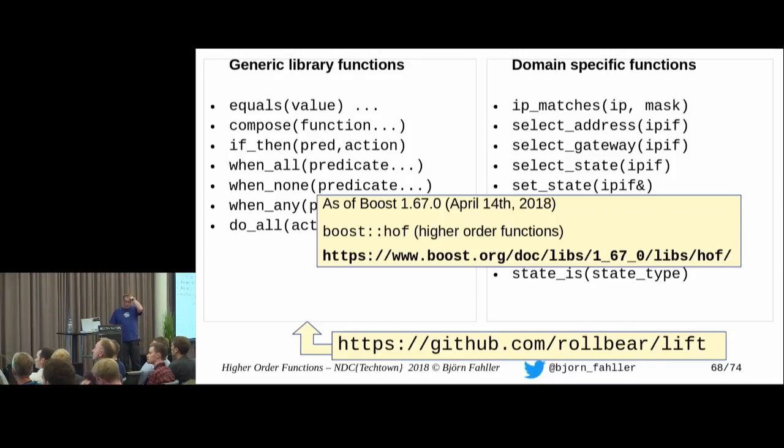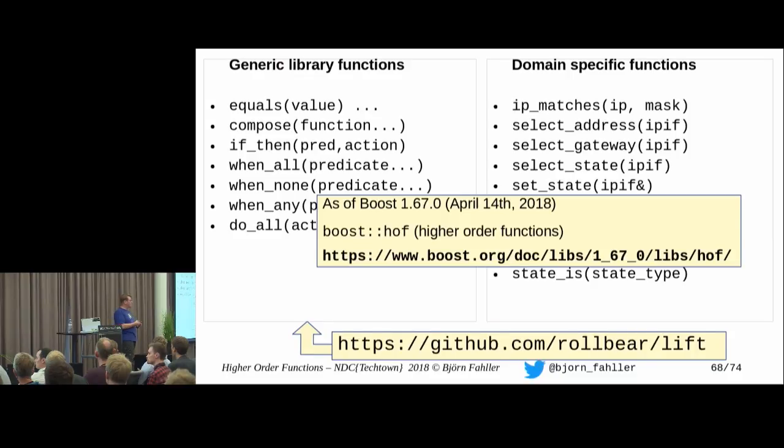But that was true then. After, in April, Boost 1.67 was released, and it has a library, Boost Hof, higher order functions, which I haven't really worked with, so I cannot say that much about how good it is. What I can say is that the overlap between Boost Hof and my Lift library is almost nothing.